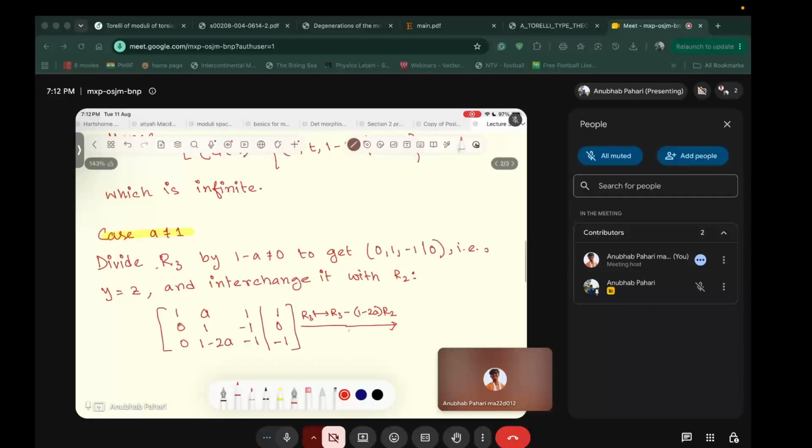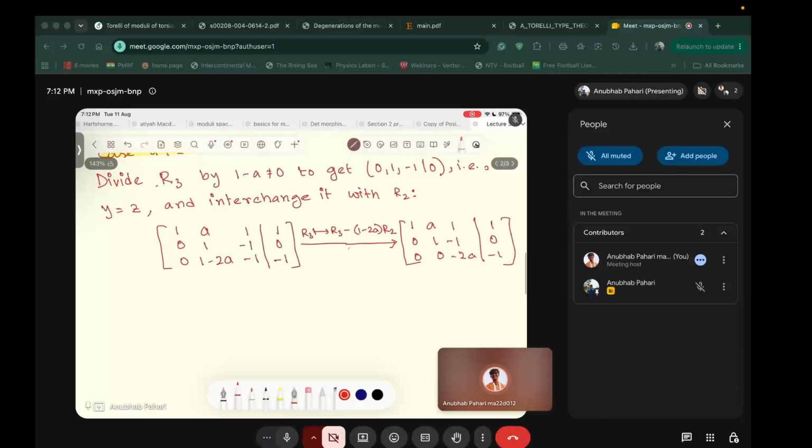Okay, so that way we will get 1 a 1 1, 0 1 minus 1 0, 0 0 minus 2a 1, 0 minus 1.